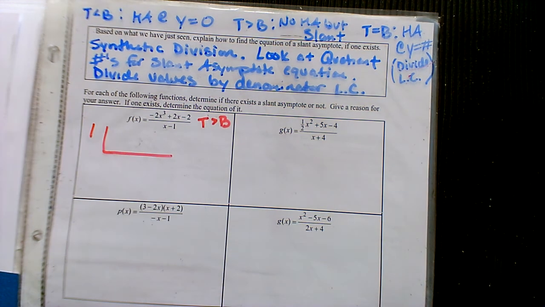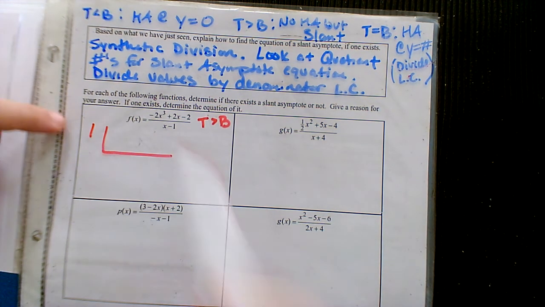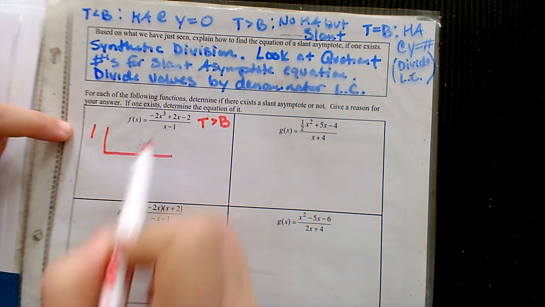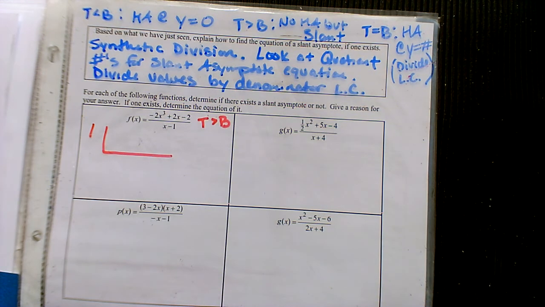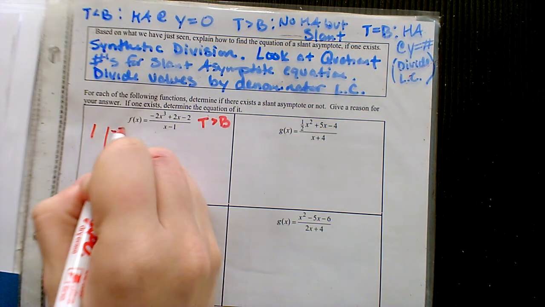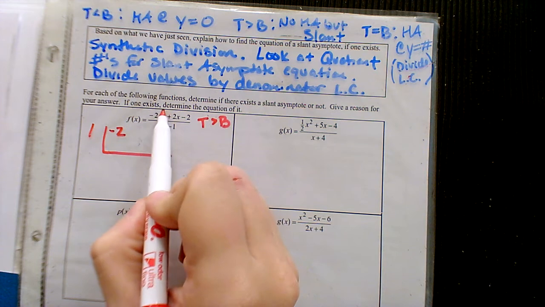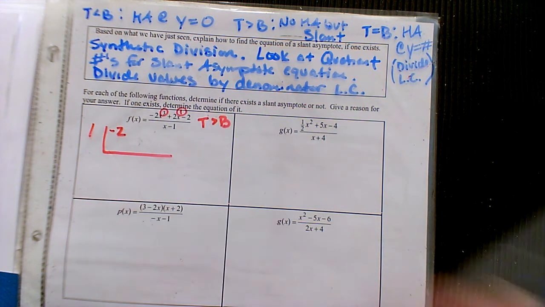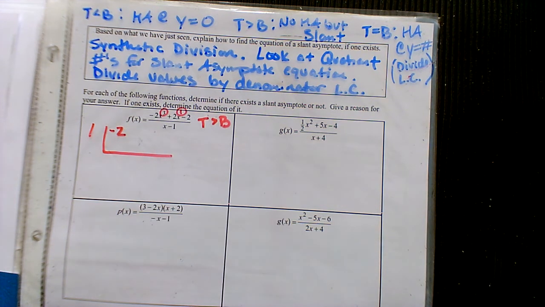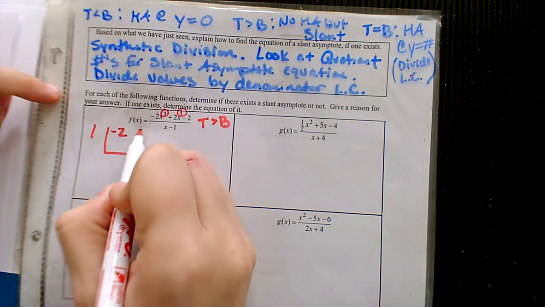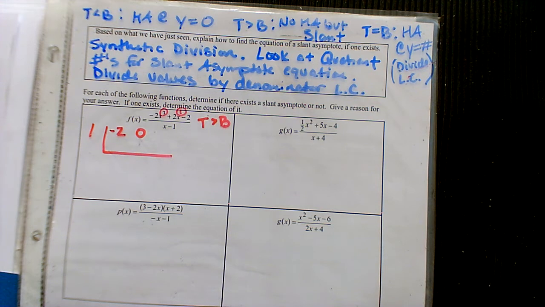The denominator. Okay, the number that makes the bottom 0 in this case. Then we'll take the coefficients from the top, but we have to be careful. With synthetic division, we have to make sure we go in order, and notice how we jump from a cubic term to a linear term. We're missing that x squared in the middle, so we're going to have to put in a 0 placeholder.